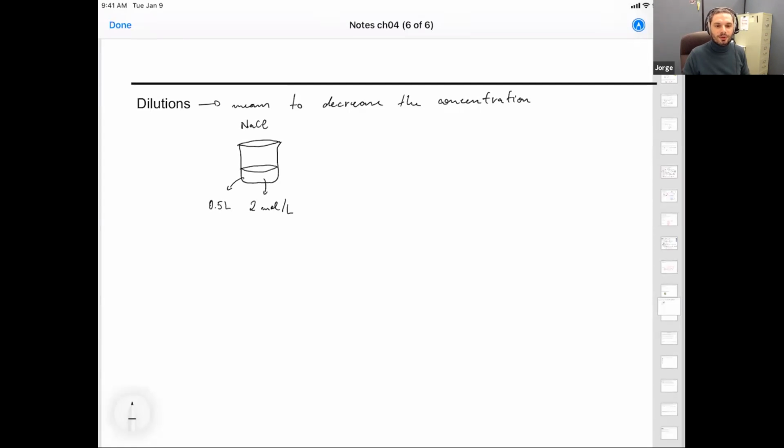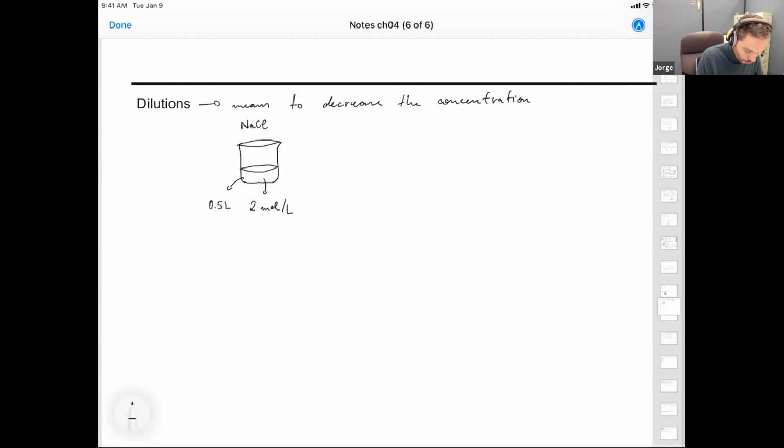So we have here a stock solution of sodium chloride, concentration 2 mole per liter, and volume 0.5 liters. We are going to assume here that sodium chloride is evenly distributed throughout the solution.